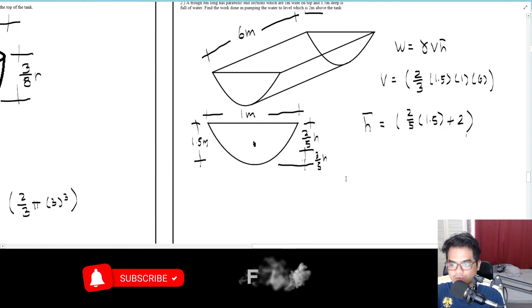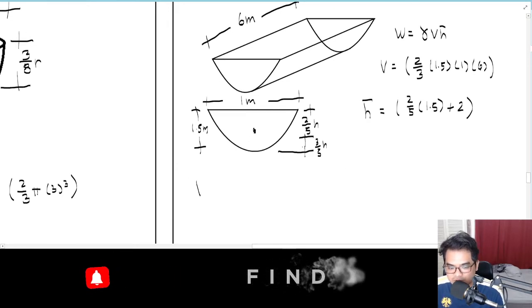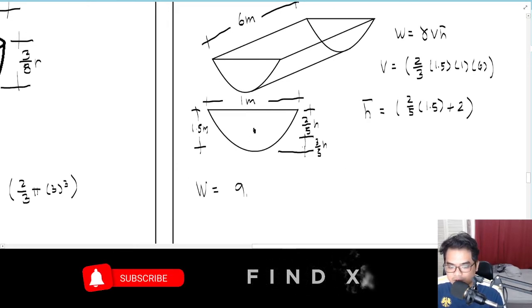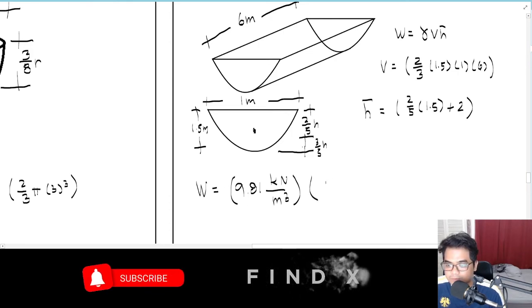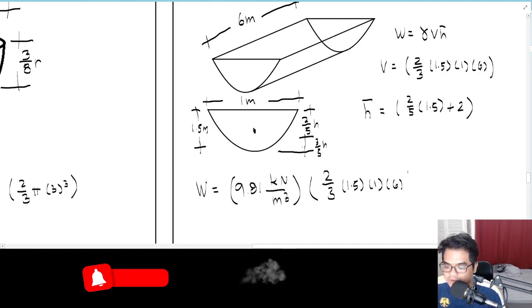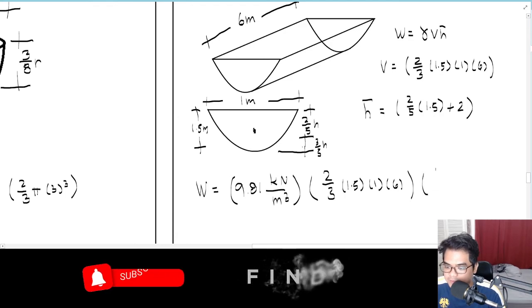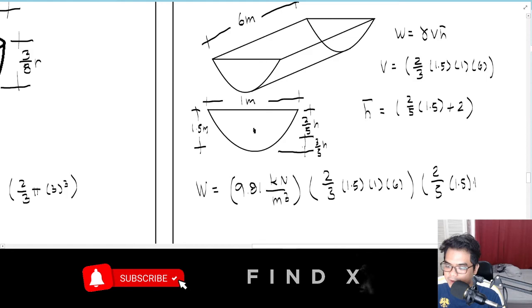Combining all of that, your work is equal to 9.81 kilonewton per cubic meter, times 2/3 times 1.5 times 1 times 6, times the h bar, which is 2/5 times 1.5 plus 2.